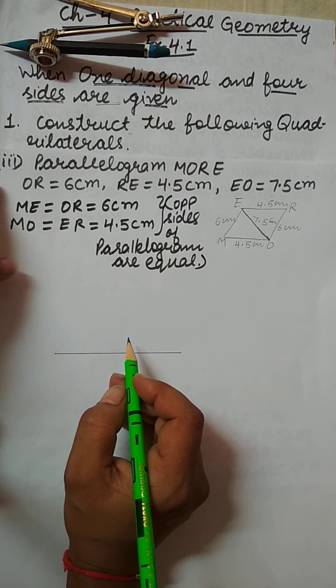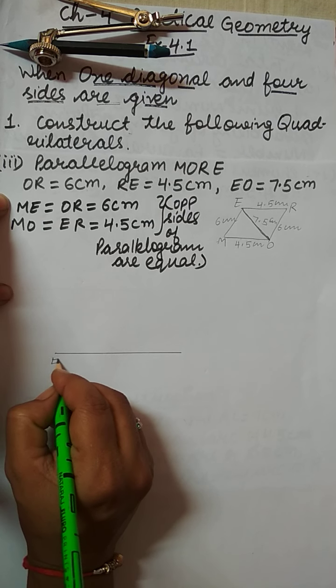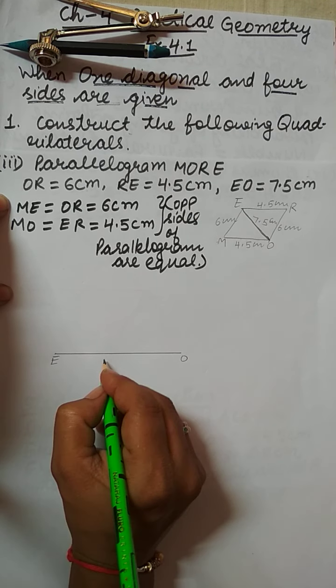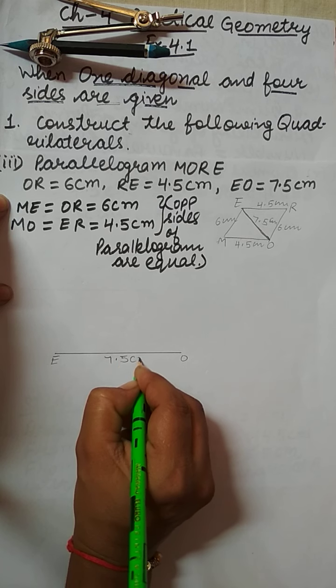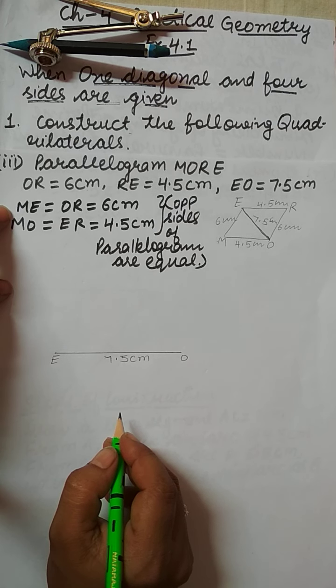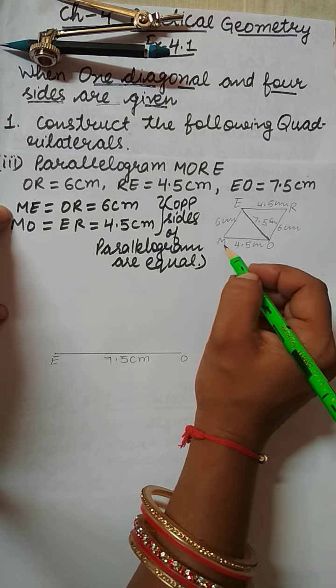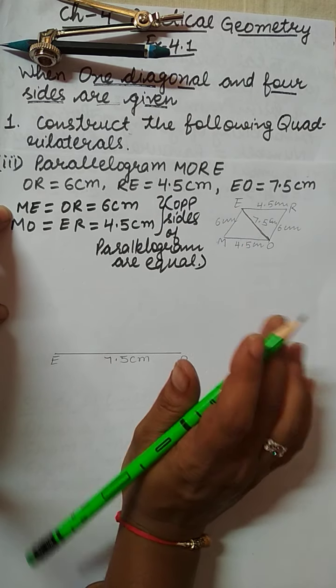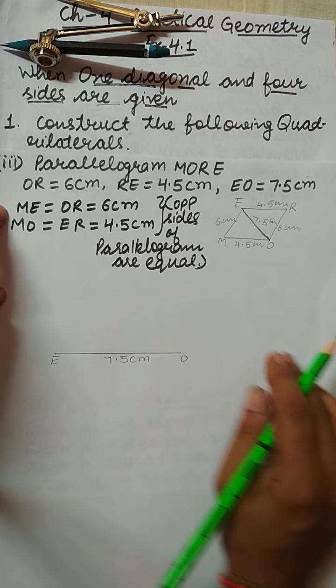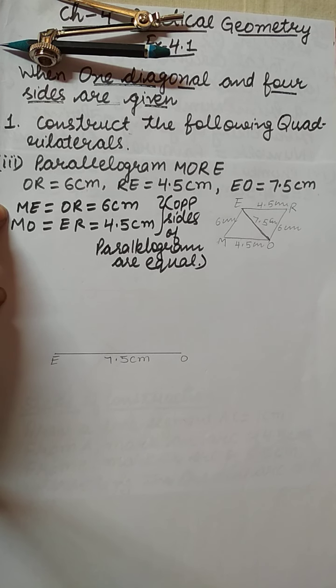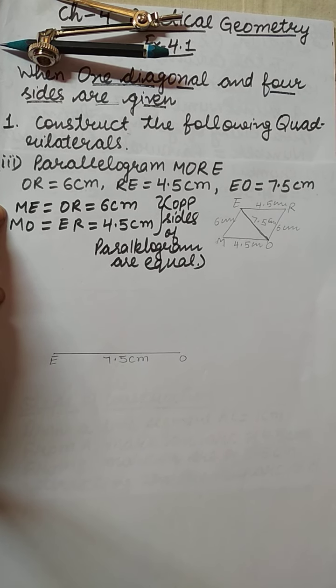Name it. This is EO. EO is 7.5 centimeter. Now we can take the upper triangle as MEO or EOR. This is our choice. So let us mark the arcs.